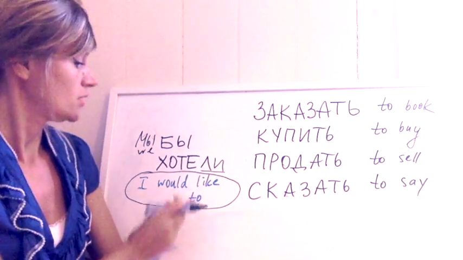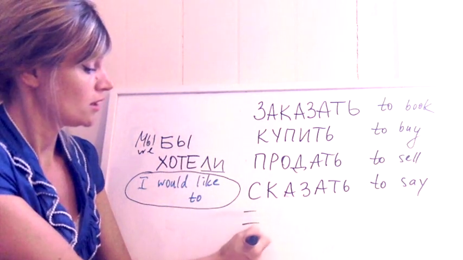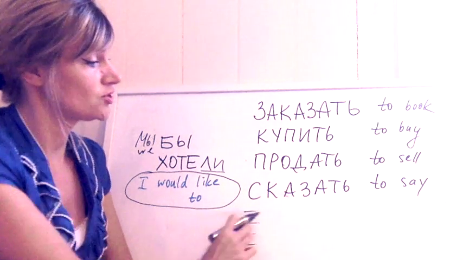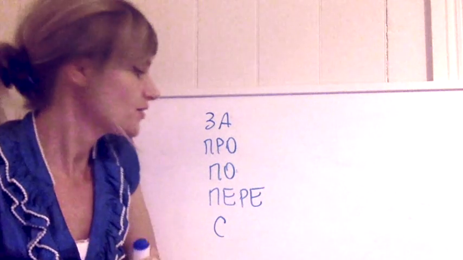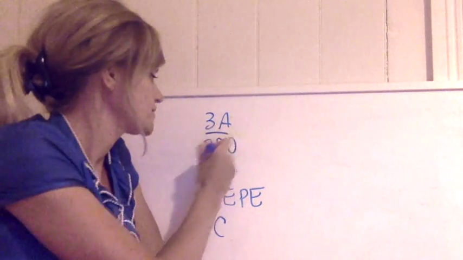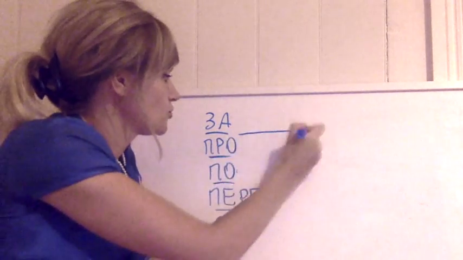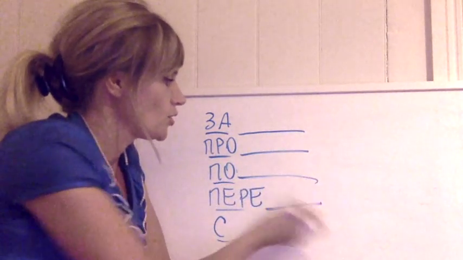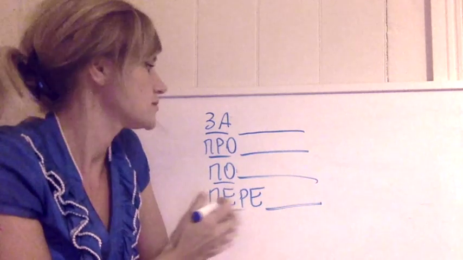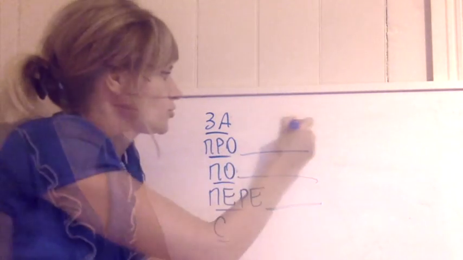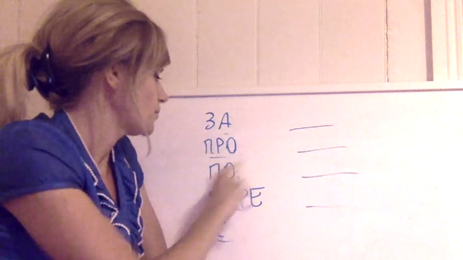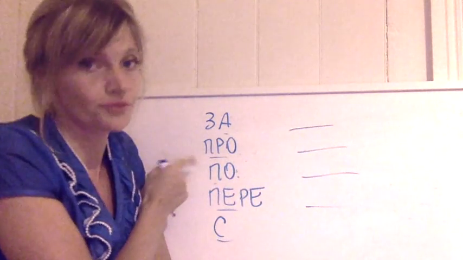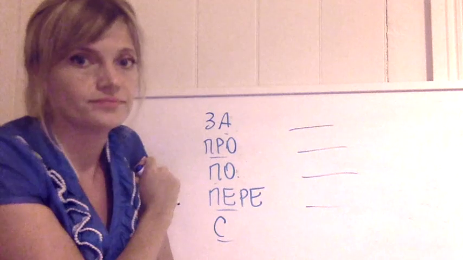Use this phrase and then use any verb in the basic form from the dictionary and don't change it. And another thing: it's good not to confuse prefixes that stand before the verb with the prepositions that separate it from other nouns. In this case, they will have different meaning, different translation.